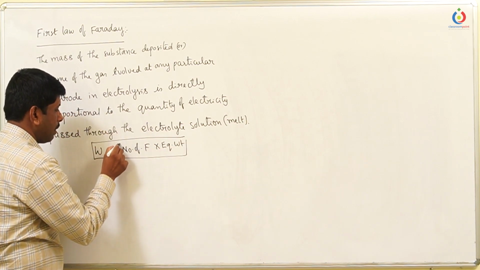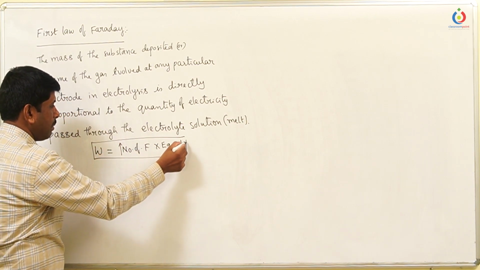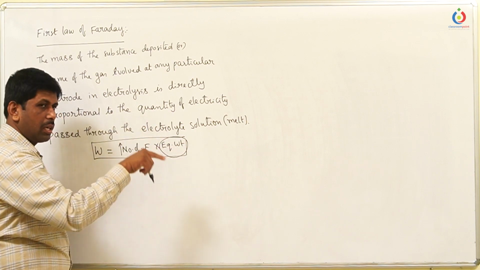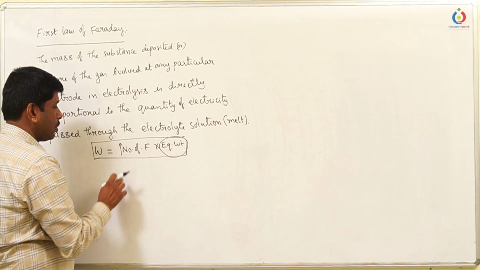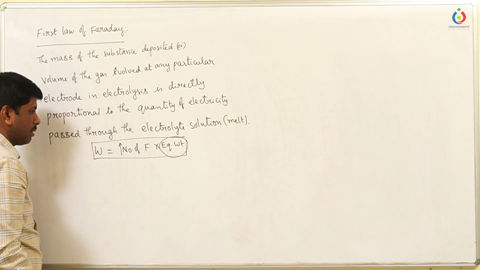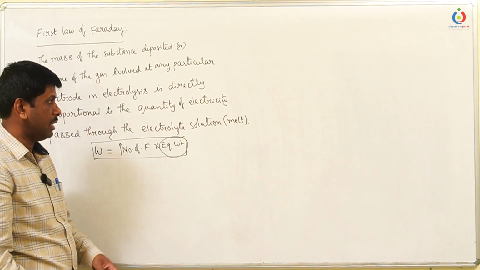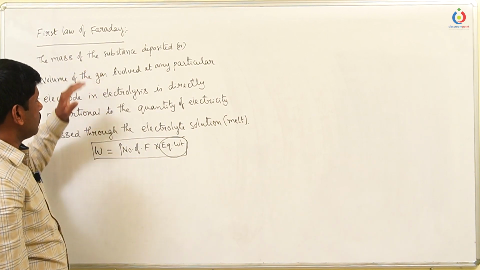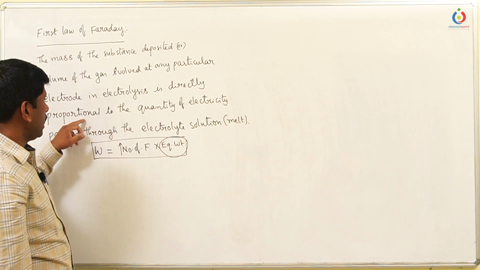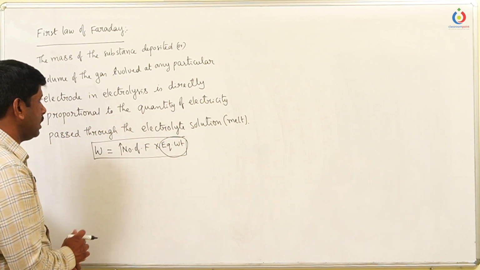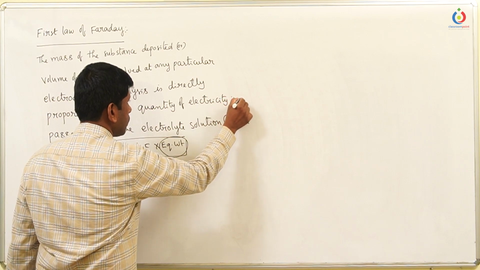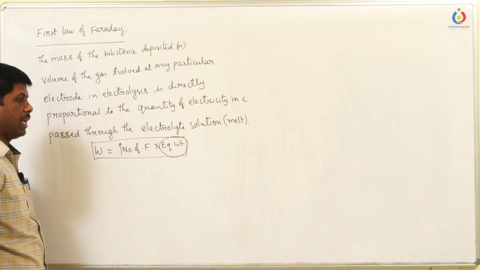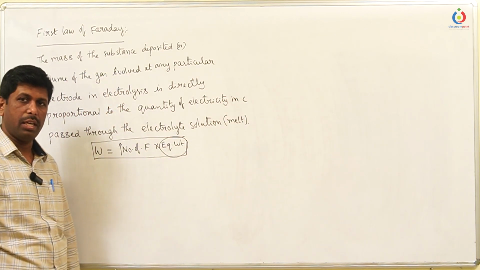When the number of Faradays increases, the equivalent mass of a particular substance in a particular compound remains constant, so the weight of the substance deposited also increases. Faraday's first law also says the same thing: directly proportional to the quantity of electricity in coulombs passed through the electrolytic solution or the electrolyte liquid.